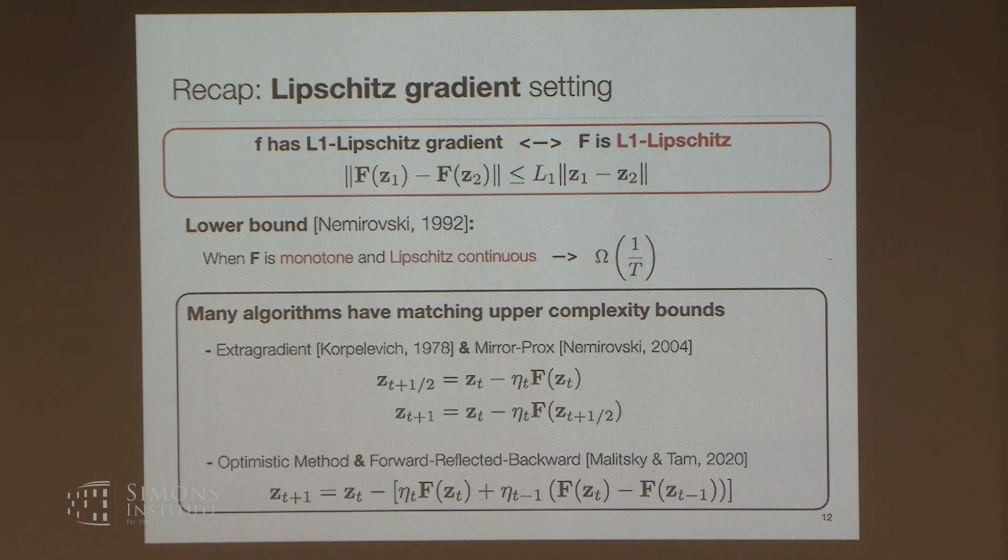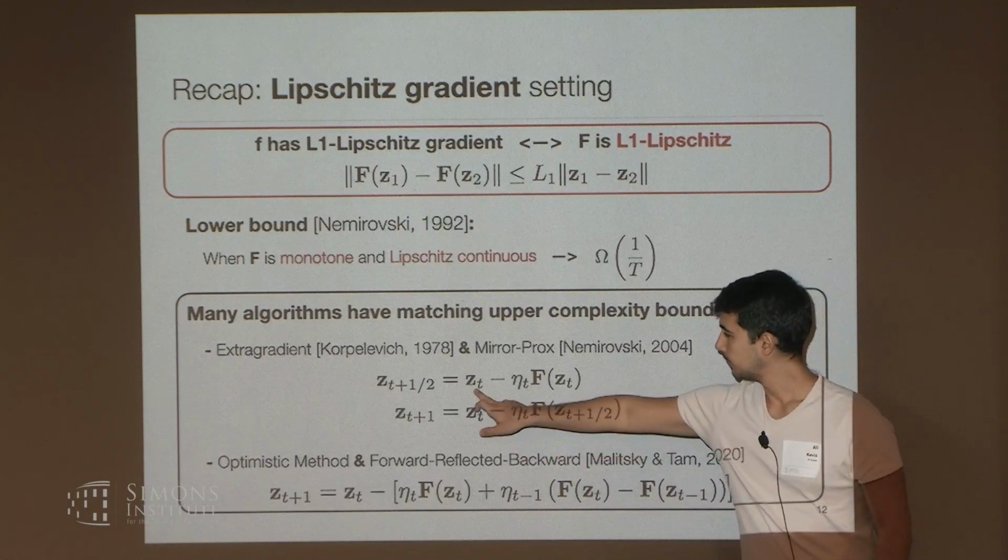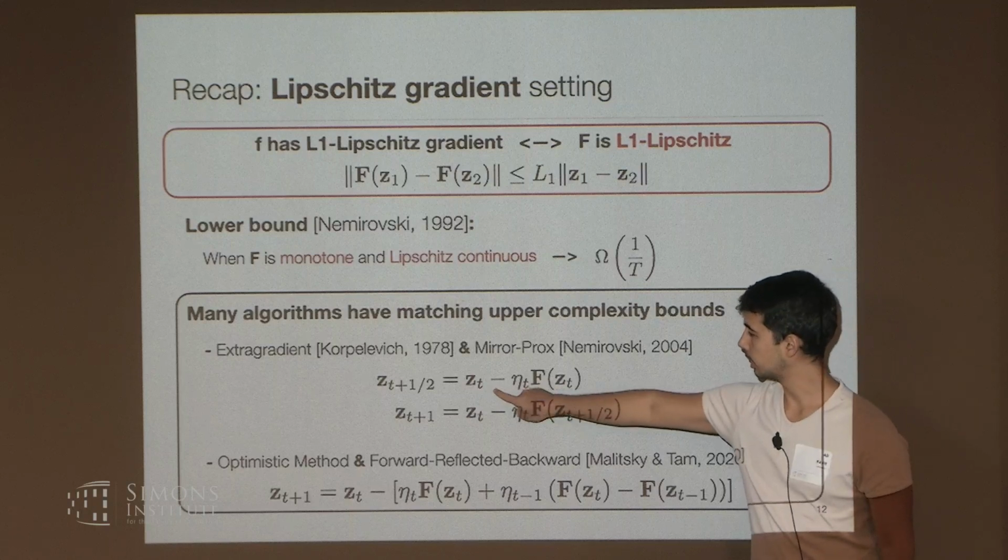What is interesting about these algorithms is that they use multiple calls across the iterations to make their steps, and maybe I can explain why this is an important idea, rather than having a single call algorithm. So what extra gradient does is we start at some point at t, and then we compute a direction of progress.